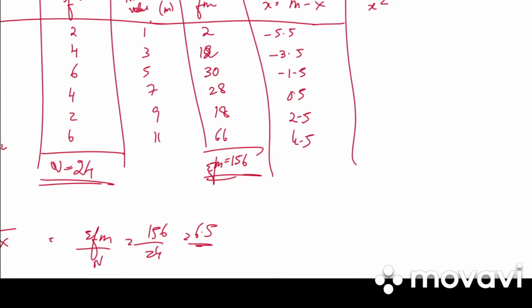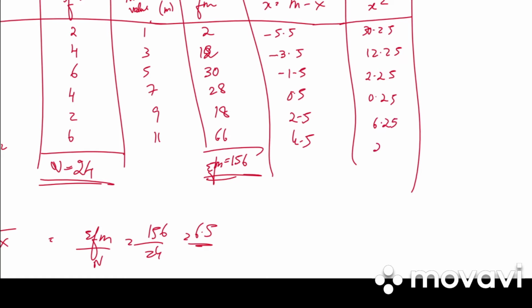Next we need to find x square. So 5.5 into 5.5, it is 30.25. 3.5 into 3.5, 12.25. 1.5 into 1.5, 2.25. 0.25, 6.25, 20.25.